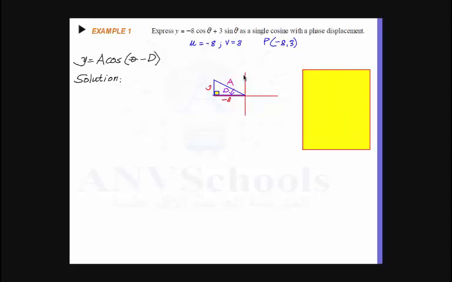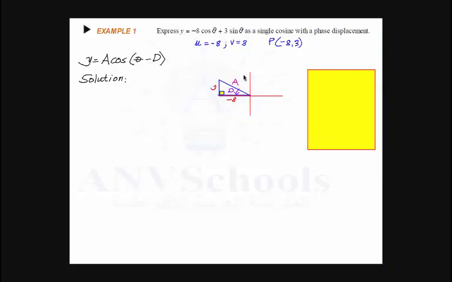So solving for A, let's create a bracket here. Solve for A in the box. Solving A in the box, we have A squared is equal to the square of negative 8 plus the square of 3.